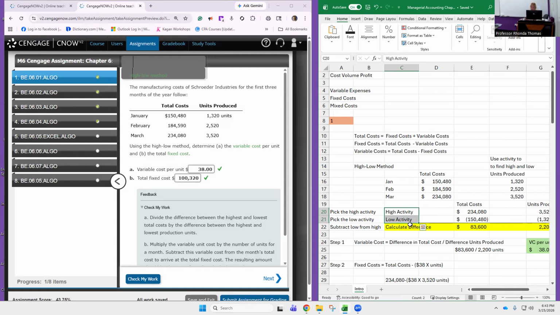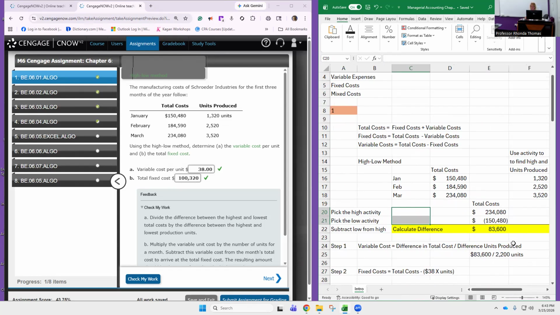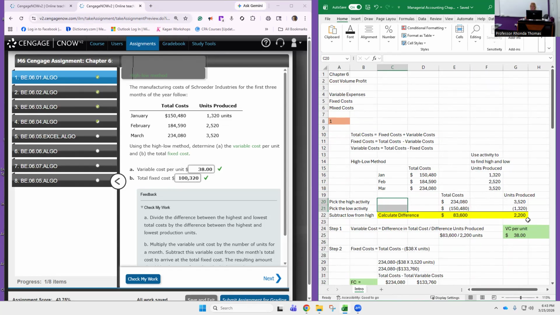These are costs. So costs go with it, okay? Then you subtract the total cost of the lowest activity from the cost. But once again, when you're picking which one is which, you don't even look at the dollars. You just look at activity.